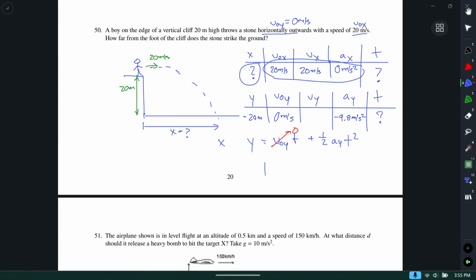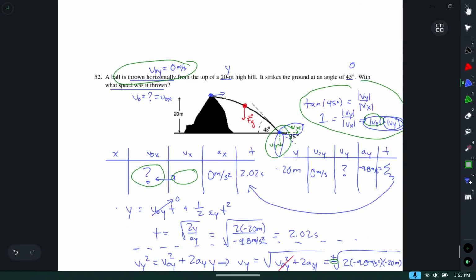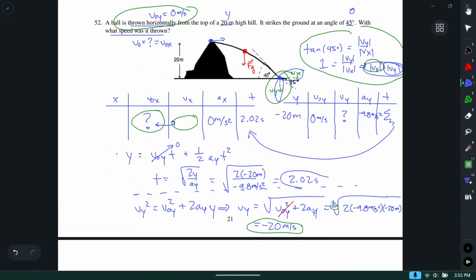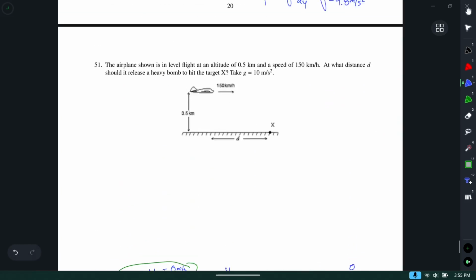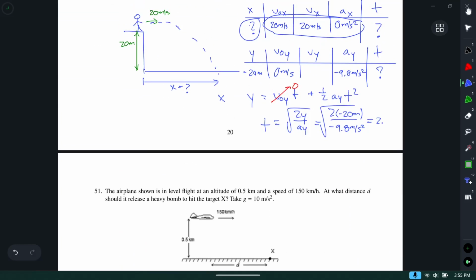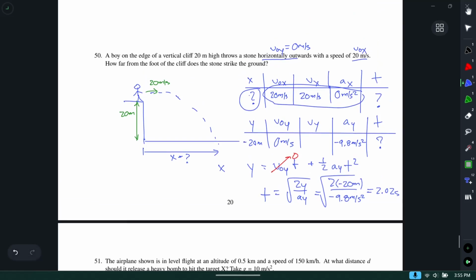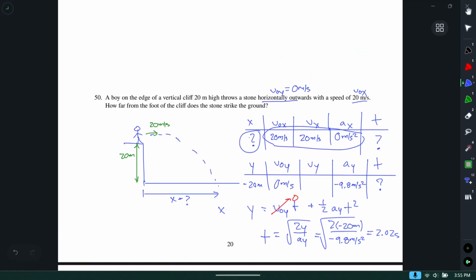And so I solve this for time. It's 2y over ay. Take a square root. Ay was negative 9.8. And I'm just going to cheat off myself here. I had already found that because the numbers happen to be the same in this problem. It's about 2.02 seconds.